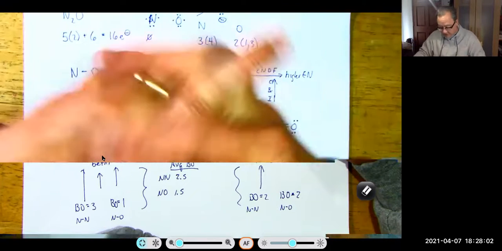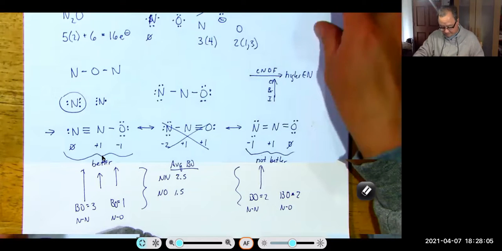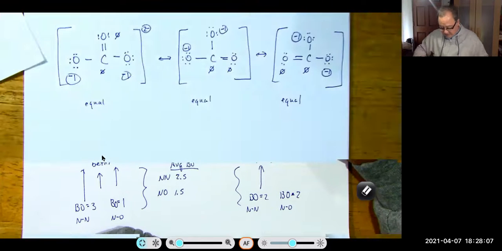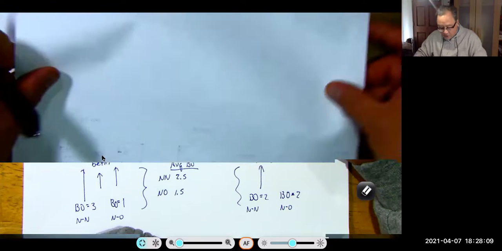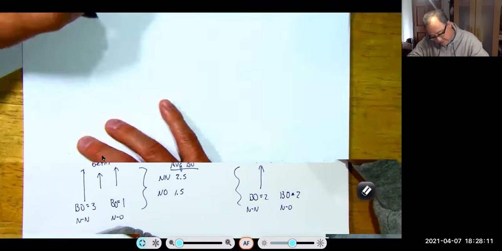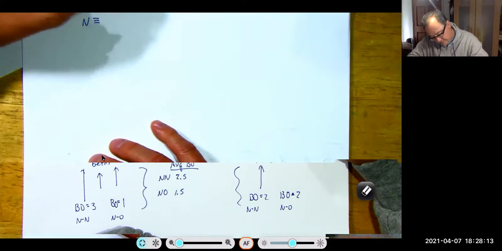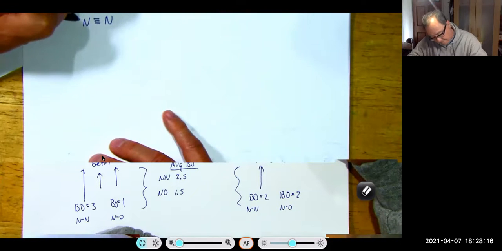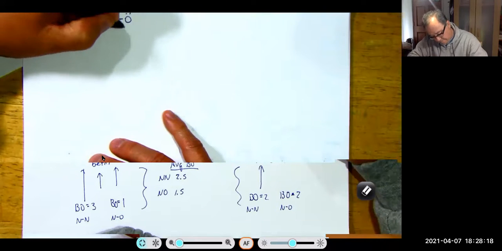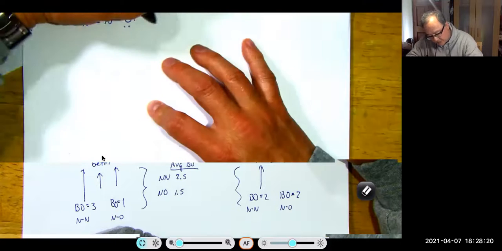Briefly justify. So what I'm going to have to do here is draw the two major ones again. And here's the other one.